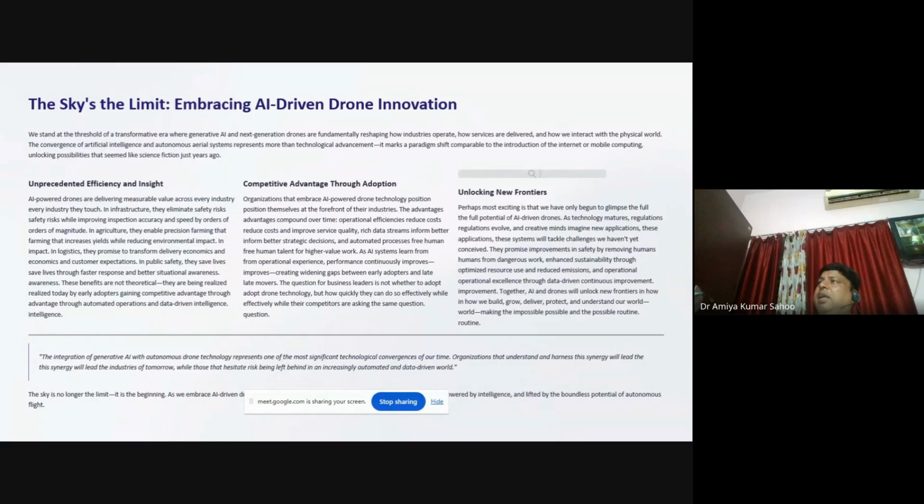Unprecedented efficiency and insight. If we focus on that, AI-powered drones are delivering measurable value across every industry they touch. In infrastructure, they eliminate safety risks while improving inspection speed by orders of magnitude. In agriculture, they enable precision farming that increases yields while reducing environmental impact.